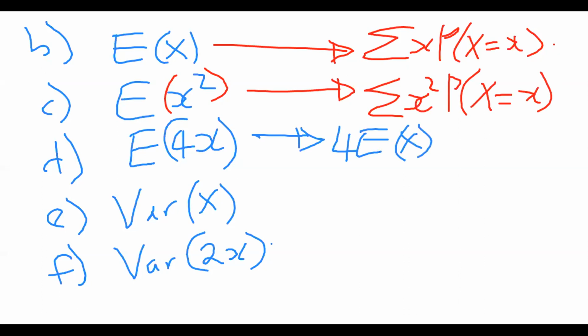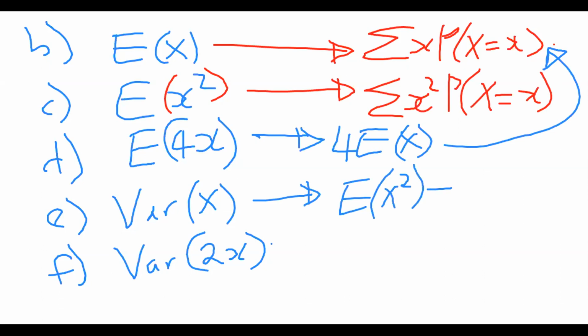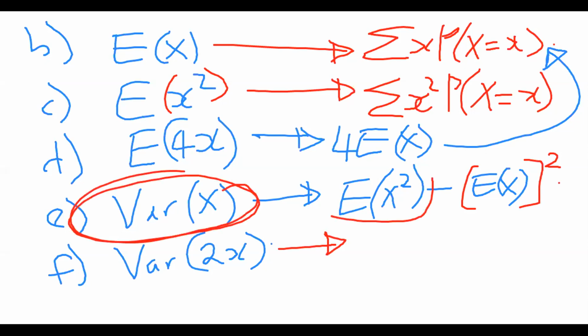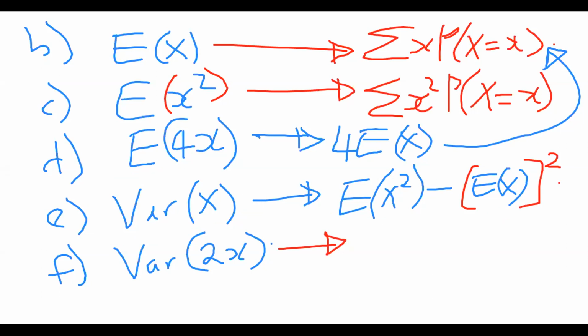Then for the variance of x, it is the expectation of x squared minus the expectation of x squared, just like we did in statistics. For this one, we don't need to calculate anything else in the table. And then for the variance of 2x, from the rule, it is the same as 2 squared times the variance of x.